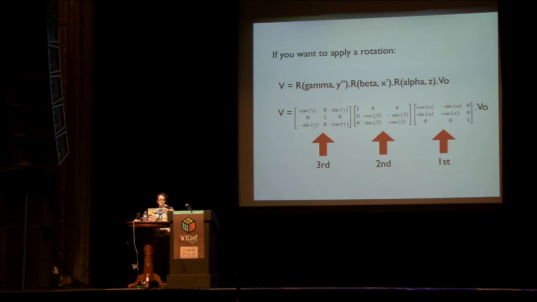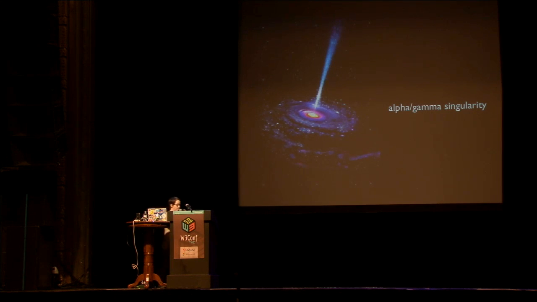But what's also important about the Tait-Bryan angles and that system of reference is that there's something you have to be careful about, because I mentioned that the angles around which you're rotating shift with each rotation. So you have to be careful about something called an alpha-gamma singularity, which happens when your z-axis is aligned with your y-axis.